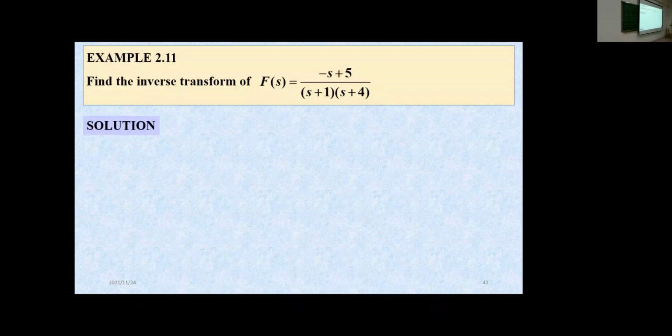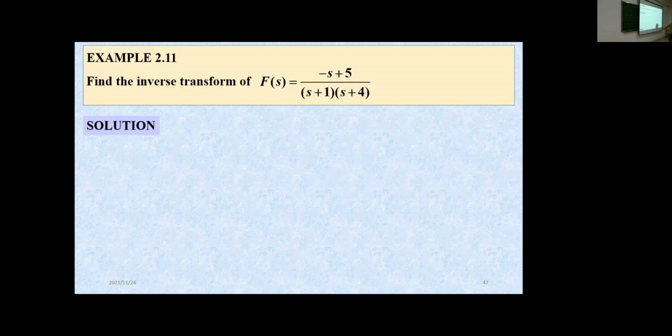But first, try to solve this problem yourself. It's easy. You just need to separate everything into 2 parts. How many poles are here? 2. They're different, they're real numbers. 1 minus 1, another 2 minus 4.